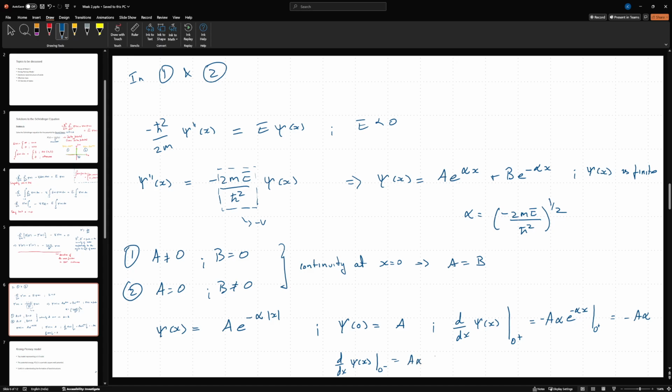So we will have a alpha e to the power alpha x, and at 0 minus, this is again going to be a alpha.